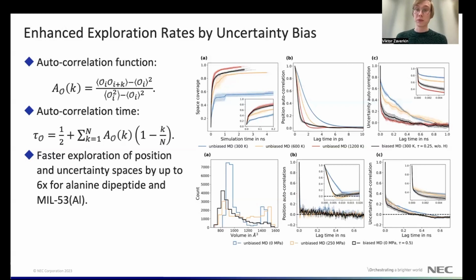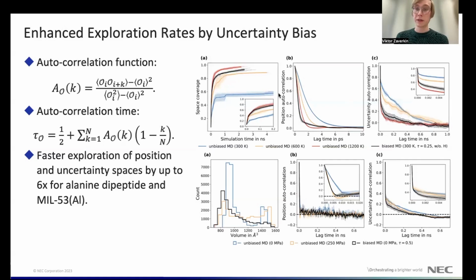What we do learn from these graphs here, while the top panel shows us the results for alanine dipeptide, and the bottom panel shows us the results for the metal organic frameworks, is that our uncertainty bias, meaning all of these bias forces and bias stresses, leads to the exploration of both spaces, the position and uncertainty spaces, faster by a factor of up to 6 compared to unbiased simulations, shown here by the blue color.